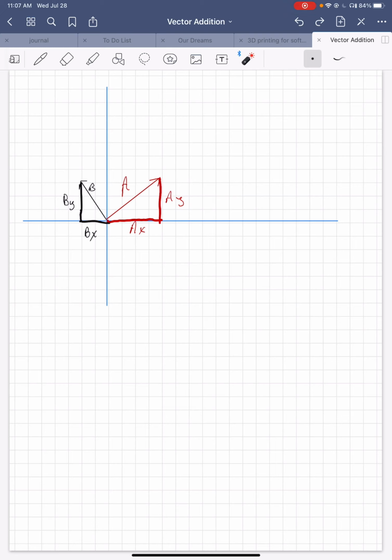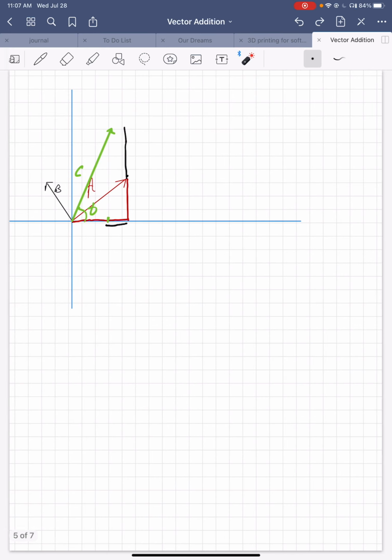That means I can add Ax's with Bx's and Ay's with By's and hopefully get my C. I start at the origin and go to the right Ax and to the left Bx, and go up Ay and up By. I end up at this point right here, which is my C.